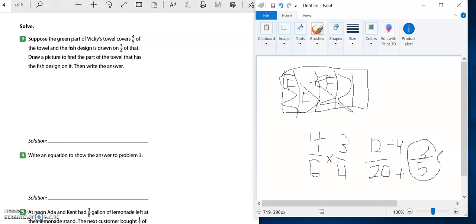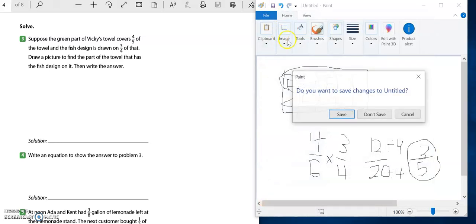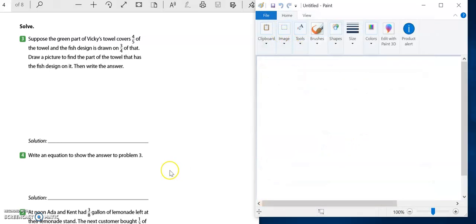Okay? All right, our next problem, number 4, asks us to write an equation to show the answer to problem 3. And so actually I just did that, and I just erased it. So that problem that I just put, which was 3/4 times 4/5, was 12/20.